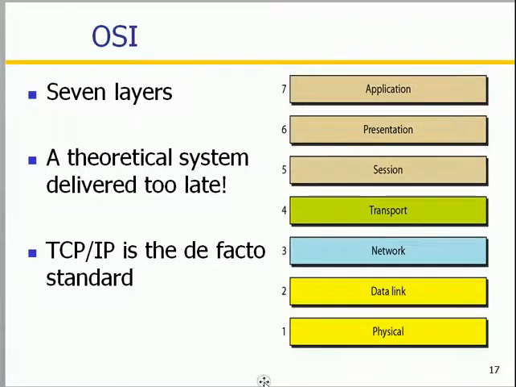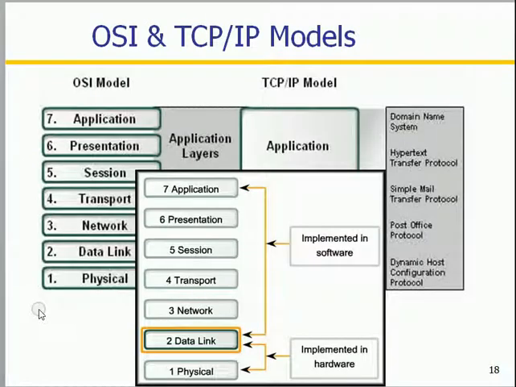7 layers, and the de facto version of this is called TCP IP. We'll look at that too, but not now. So TCP IP model actually includes all these first 3 in a layer called application. You know what, we'll go through TCP very soon, so no need to focus on that now.